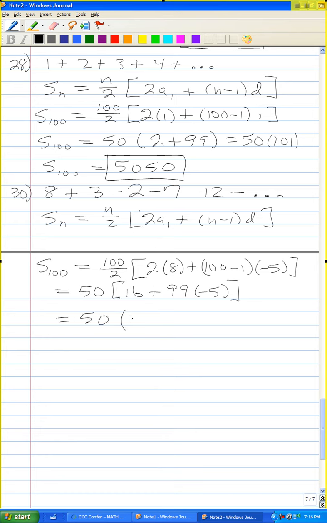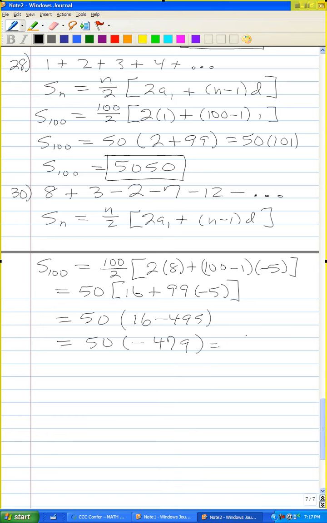And so 99 times negative 5 is 495. And so you get 50 times a negative 479.